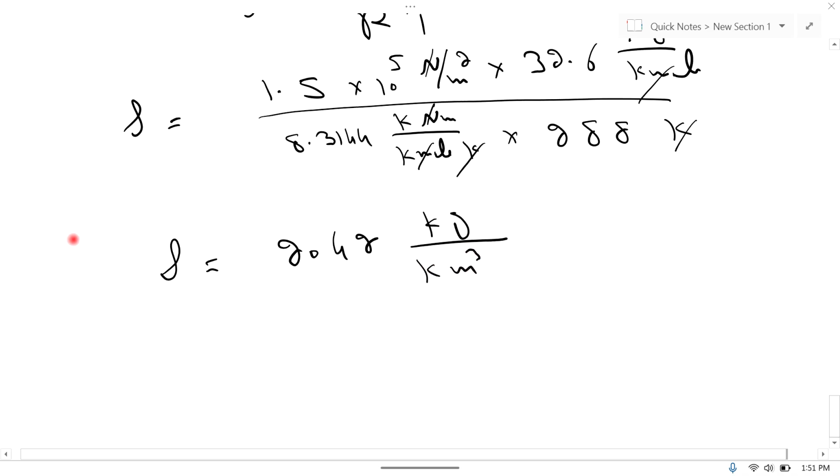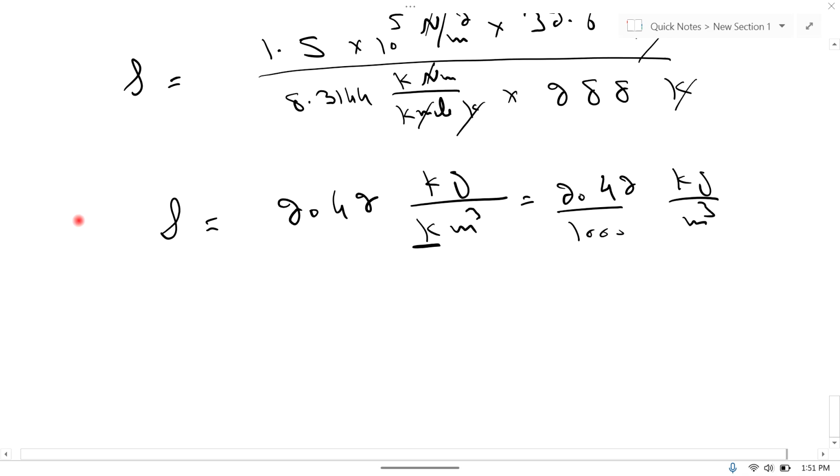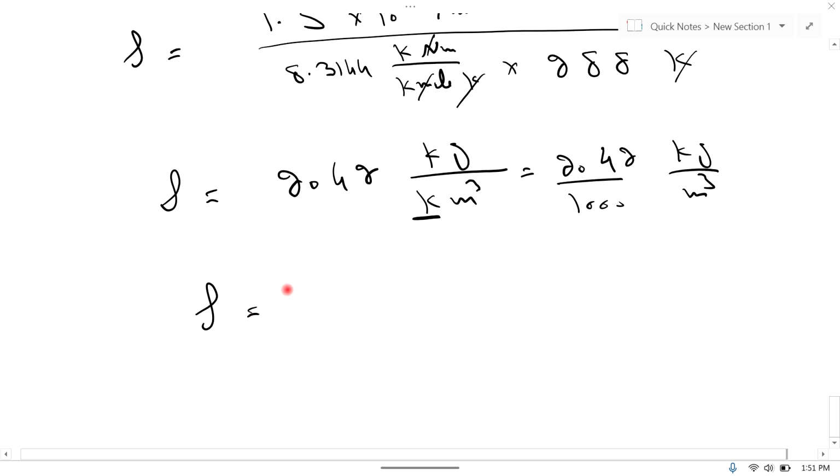But we need this value in kilogram per cubic meter, and this kilo is equal to 1000. So rho is equal to 2042 divided by 1000, which is 2.042 kilogram per cubic meter, and this is the final answer.